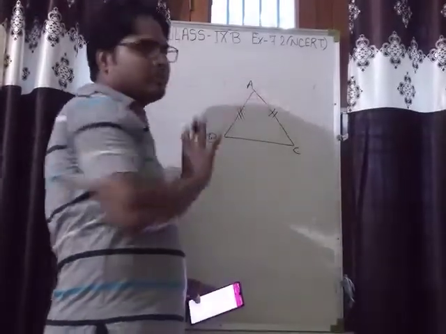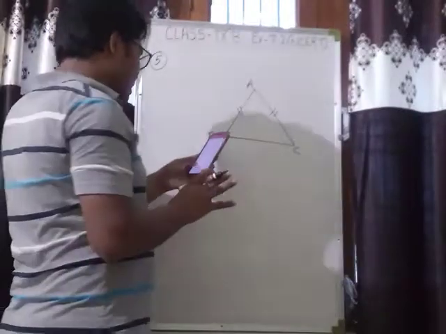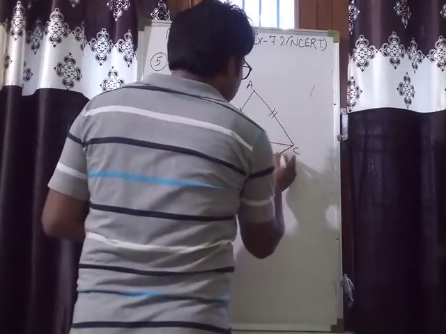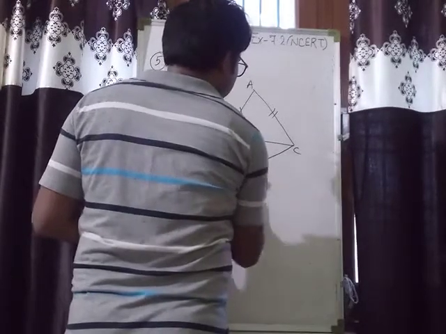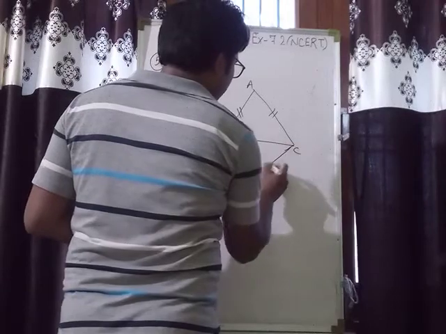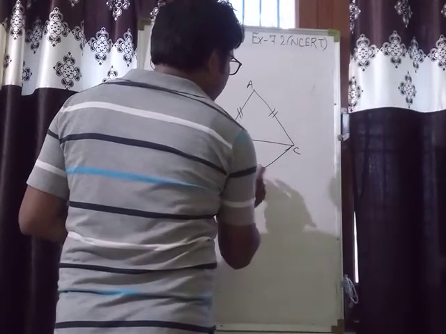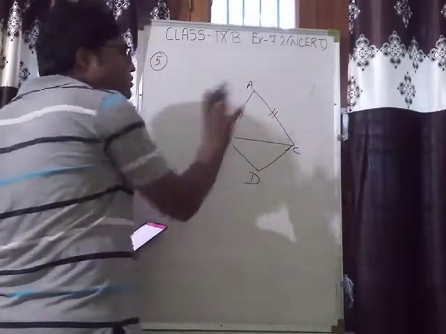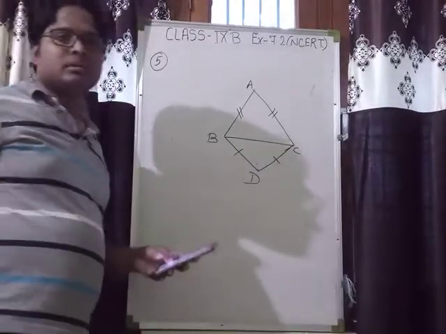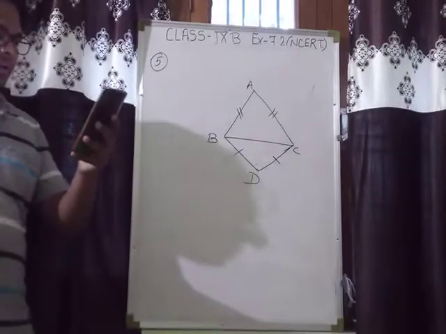Clearly AB and AC will be equal. And also another triangle DBC with the same base BC. This is also an isosceles triangle with the same base BC. Clearly BD and CD will be equal.